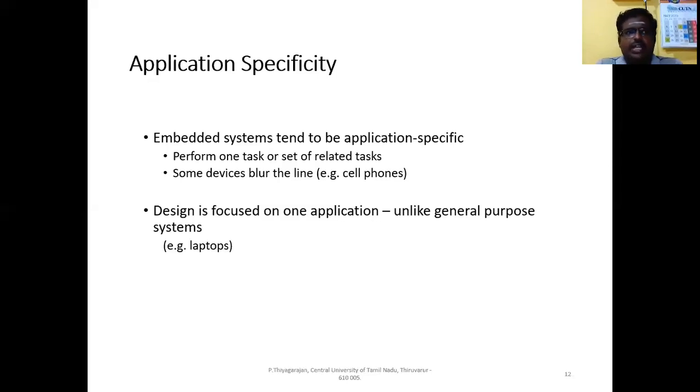Rather, you can go for a very mediocre system. You can buy one for around 20K, and you will be very happy doing the task with that system. And if you want to play a video game, instead of spending on a laptop, you can buy a video game player.